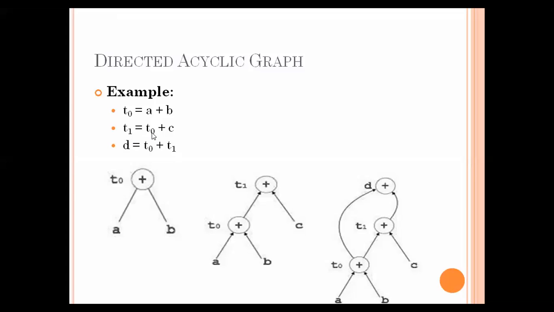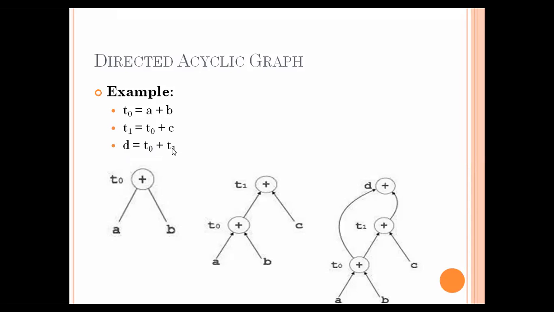Then we do T1 equal to T0 plus C, the addition of A and B added to C. Now the second statement also contains only 3 operands: T1, T0 and C. Next, the total contained in T1 I assign to D. So here also we have D, T0 and T1.